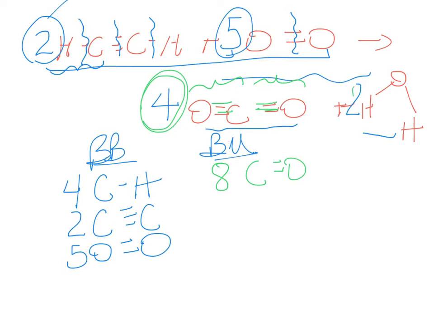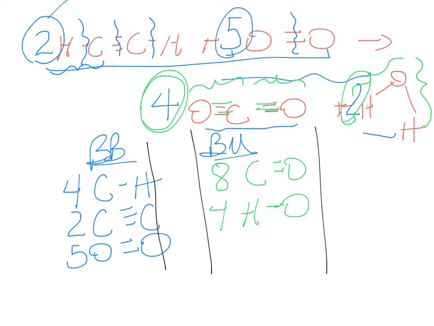We have also made hydrogen-oxygen bonds, and there are 2 hydrogen-oxygen bonds on each water molecule, and then 2 water molecules. So 2 times 2 is 4 HO bonds.